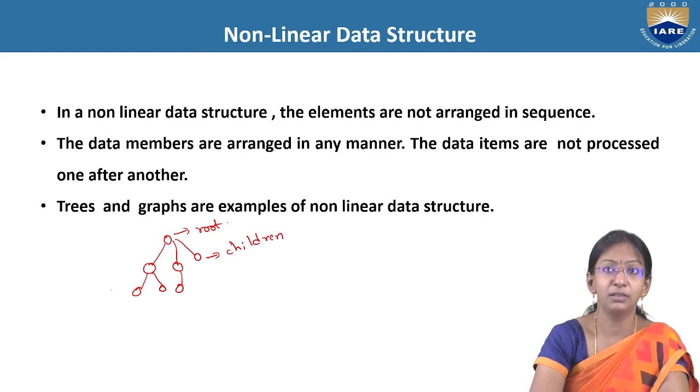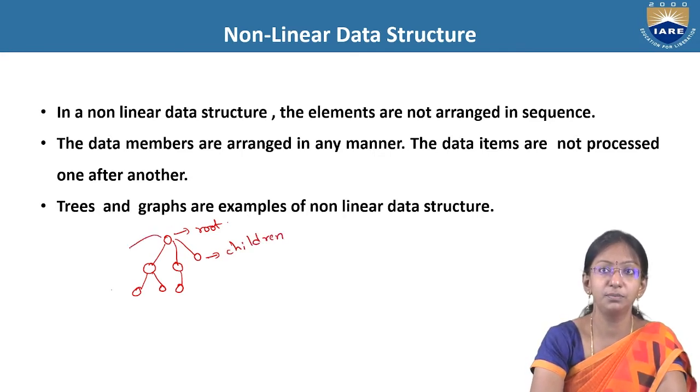The nodes connected at the second level are its grandchildren. So you can see a kind of hierarchy here, where the root, in a few textbooks, is also mentioned as the parent node, right?